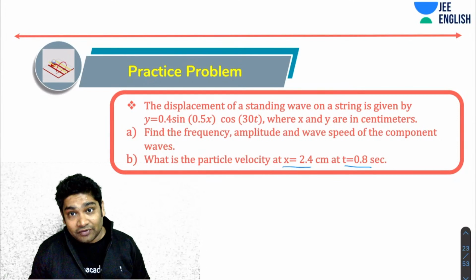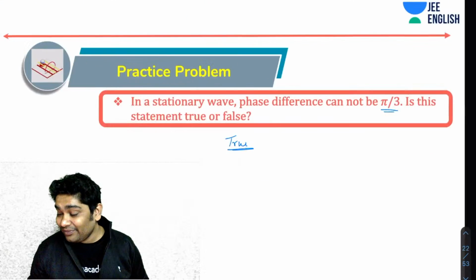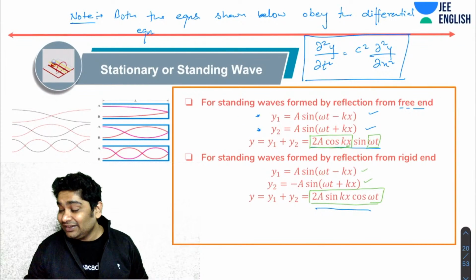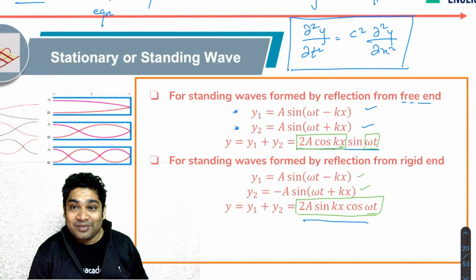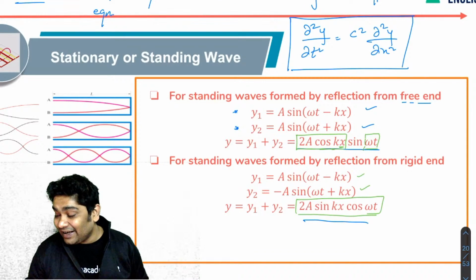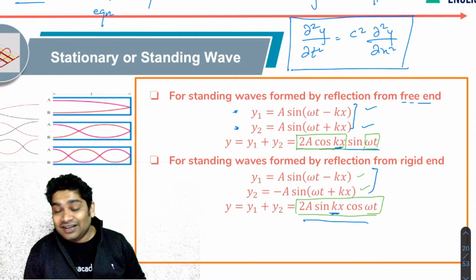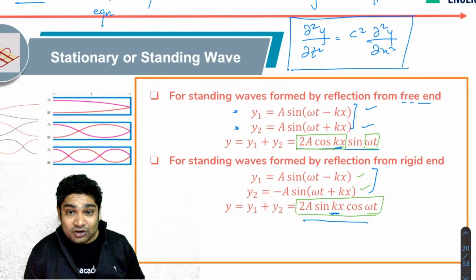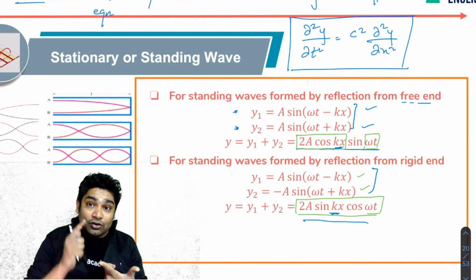So what are the component waves that would have formed this standing wave? I'll give you a hint. Remember this: if you have the cos in kx, then you have these kind of equations. If you have sine in kx, then you have these kind of equations, right? And from the equation of the standing wave, you can find the value of k and omega.